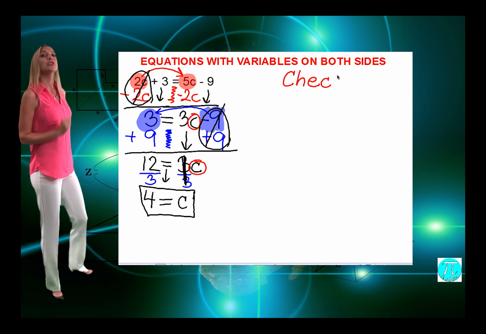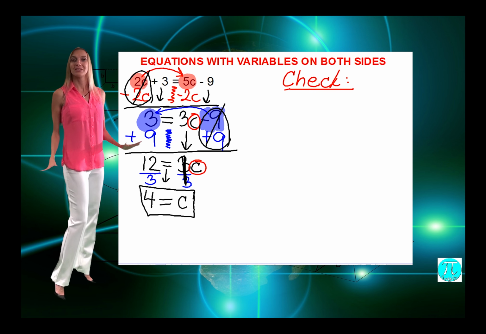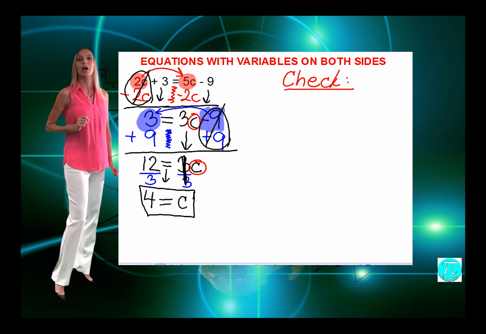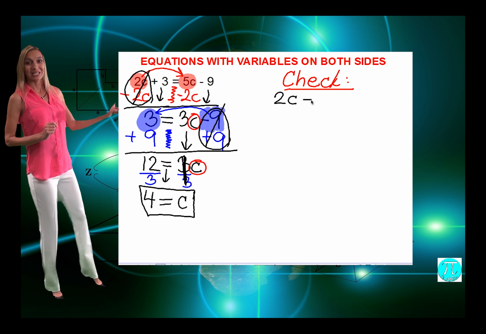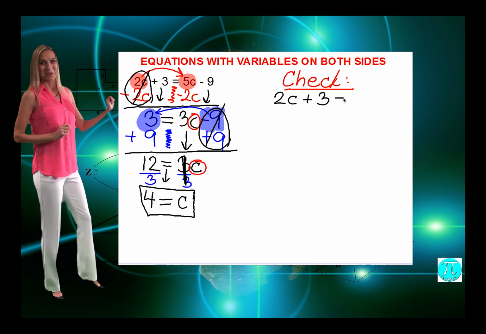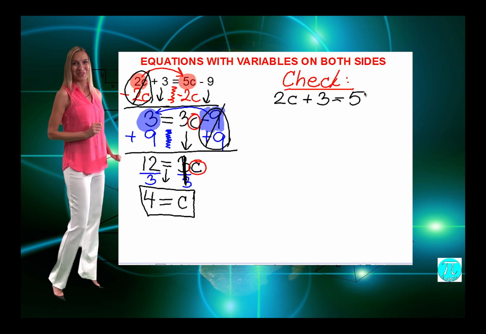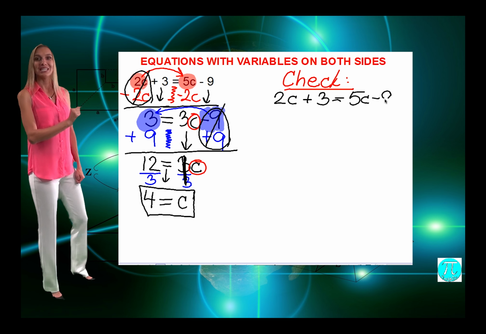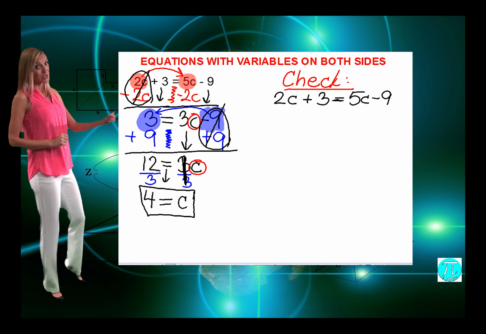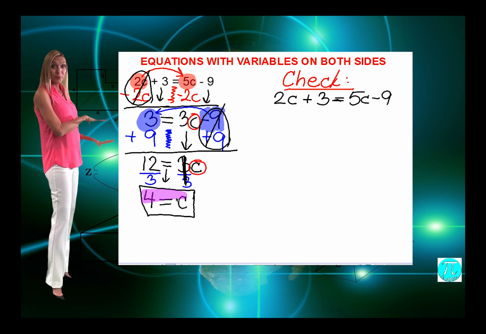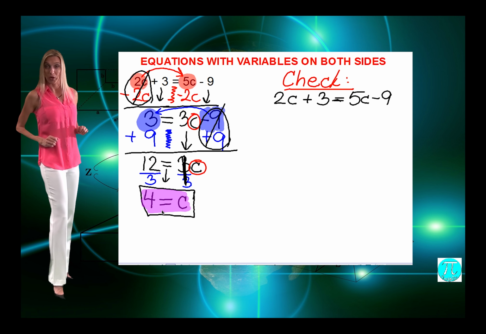Now let's make sure we are correct. Let's rewrite the original problem, which we have 2c, or 2 times c, plus 3 equal 5c minus 9. And we have said when we solve this problem that c is equal to 4.